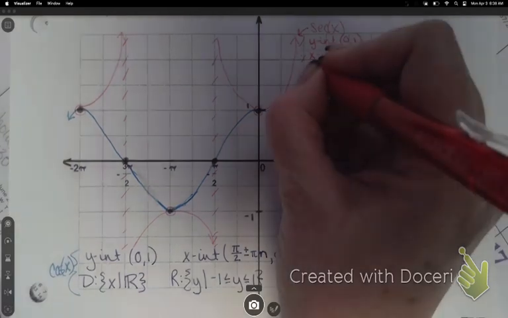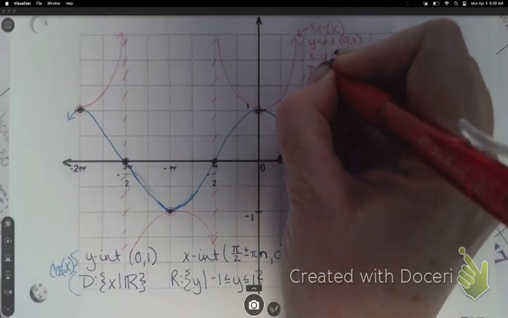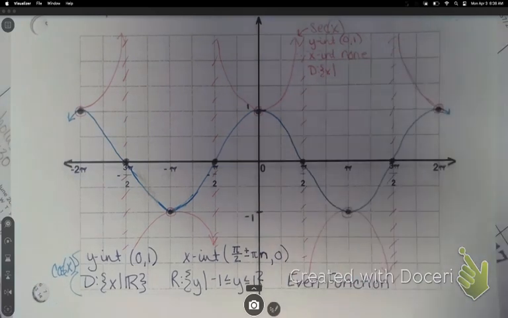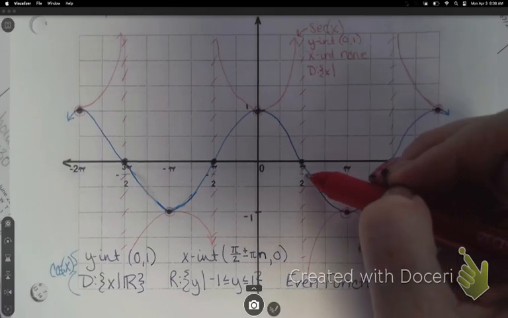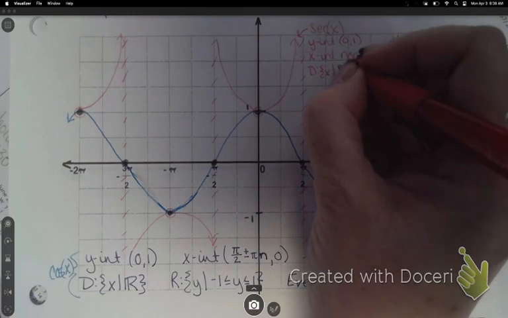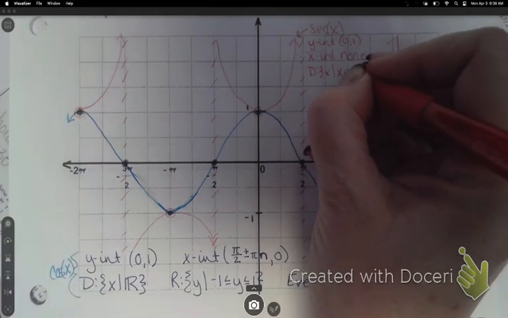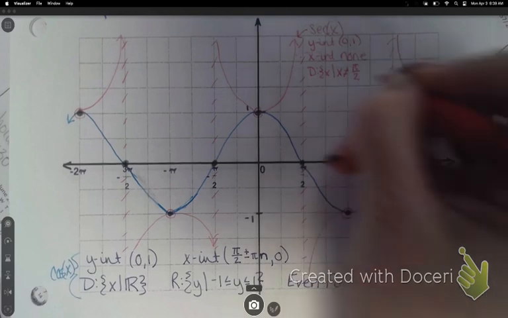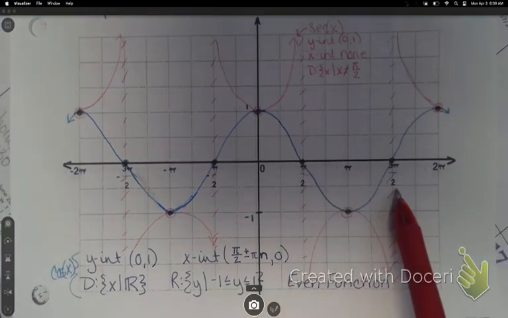Domain. Where are my asymptotes this time? The pi over 2, right? Pi over 2, 3 pi over 2. So we start with the first one. So x cannot equal pi over 2. And how far is pi over 2 from 3 pi over 2?